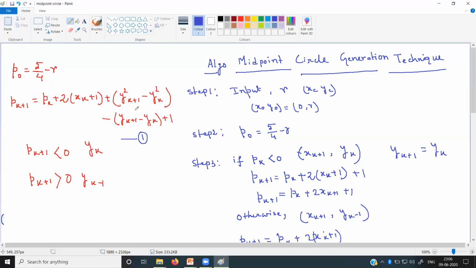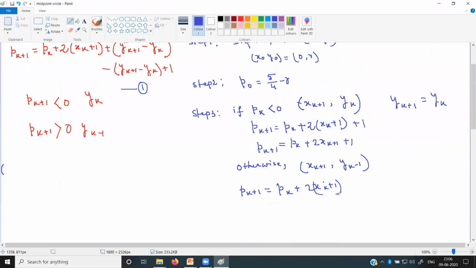Yk plus 1 is nothing but y of k minus 1. If you replace it by y of k minus 1, it will be yk minus 1 whole square, that means yk square minus 2yk plus 1. Let me derive it for you.